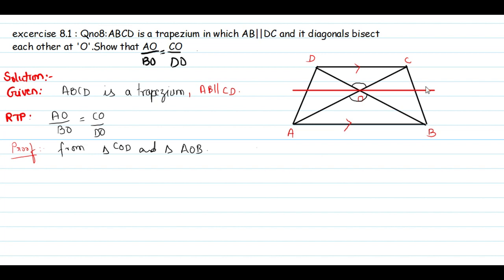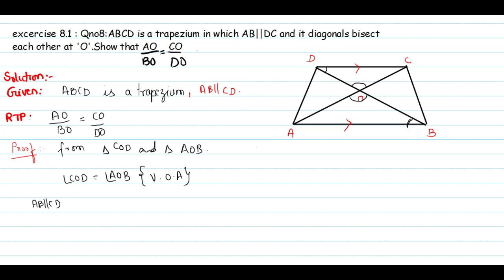equal to each other because they are vertically opposite angles. These two are vertically opposite angles. So, what is the name of those angles? Angle COD is equal to angle AOB. Why? Because these are vertically opposite angles. Then we know that AB is parallel to CD, right? So, what are these angles?